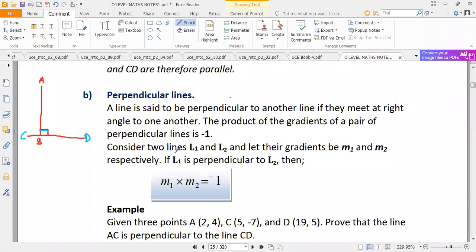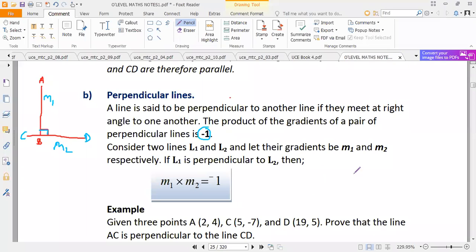So mathematically, remember each of these lines has a gradient. If the gradient or the slope of this line is M1 and the slope of the line CD is M2, then if you multiply the product of their gradients, we get an answer of -1.